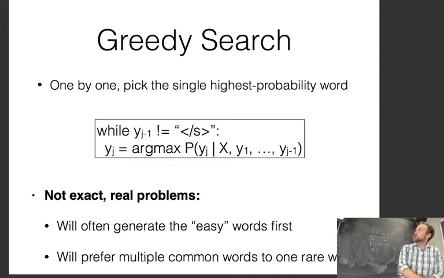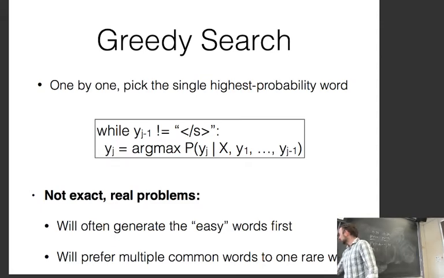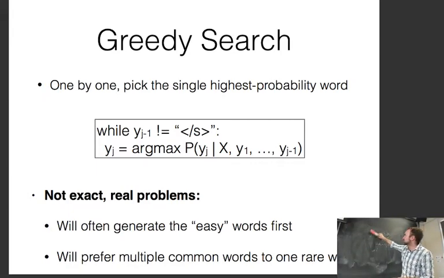There's also an interesting connection between sampling and greedy search. Greedy search can be made equivalent to sampling if you modify the distribution that you're sampling from.